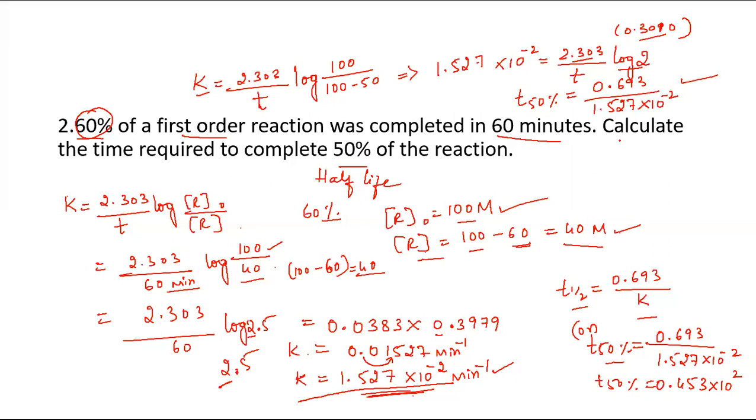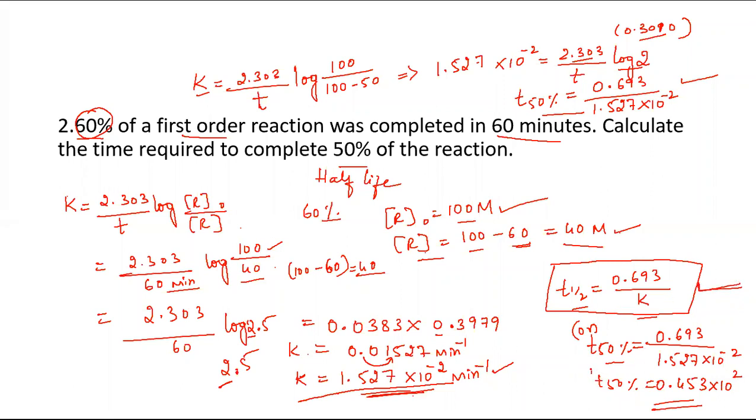This is one way to calculate this, or else whenever the 50% comes, that means half-life period, directly you can use this formula. Ultimately 100 by 50 becomes 2, and then we get the formula. Instead, you can directly use this and substitute the value and calculate. Here you have two methods to calculate. This is a lengthy method, whereas this is a shortcut to calculate the half-life period.